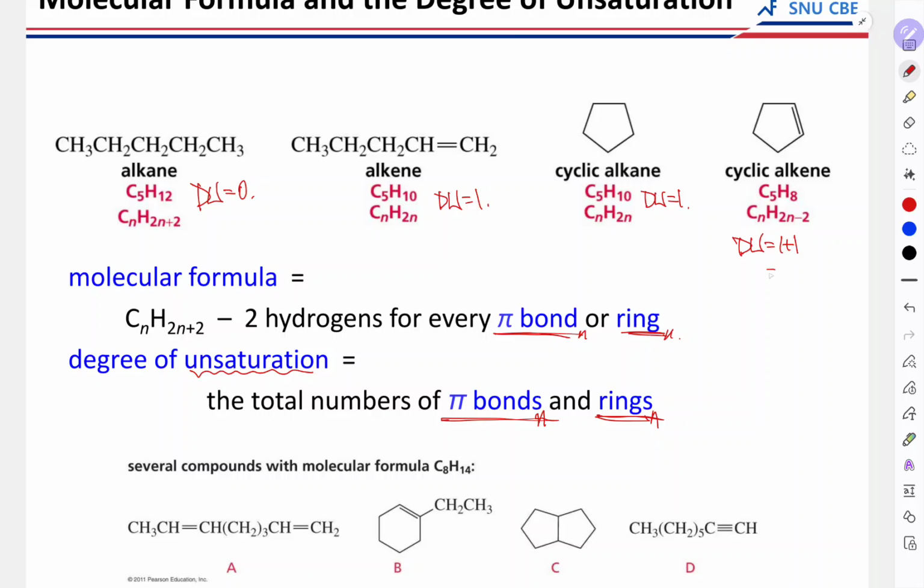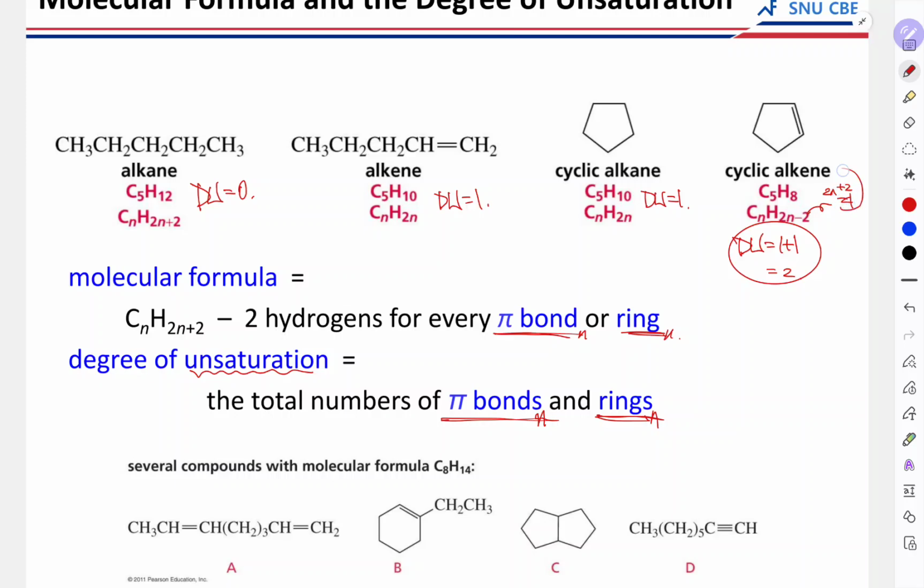That's how you can compute and calculate degree of saturation. What about this case? You have 1 ring structure and 1 pi bond, 1 double bond. So you can expect DU must be 2. Then you can also expect the molecular formula to lose 2 more hydrogen. So that's why you are here at C5H8.